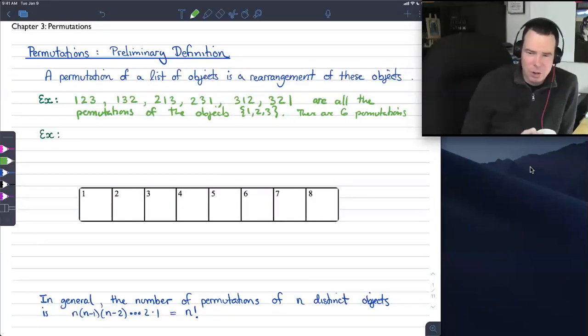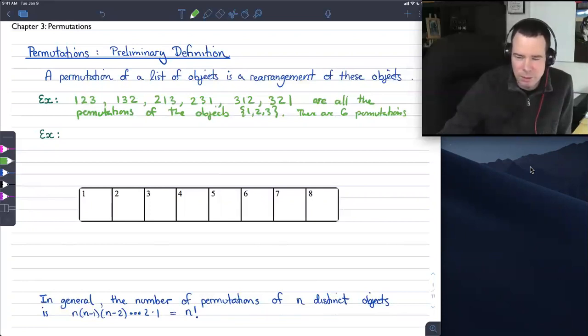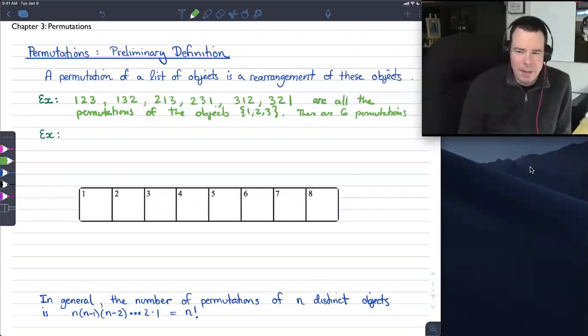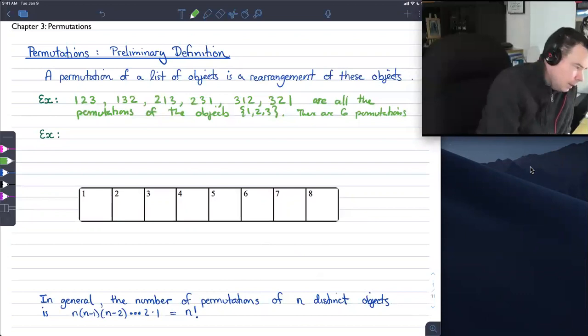What was the action performed on the original arrangement 1, 2, 3 that allowed us to produce that new arrangement? This would be where we'd think, well, the second and third objects swapped positions. So that's where we're going with this: we're going to start to think about permutations as actions that have happened.